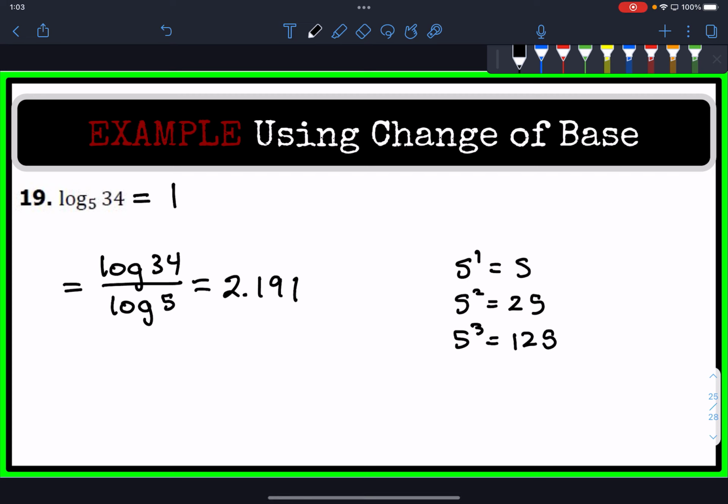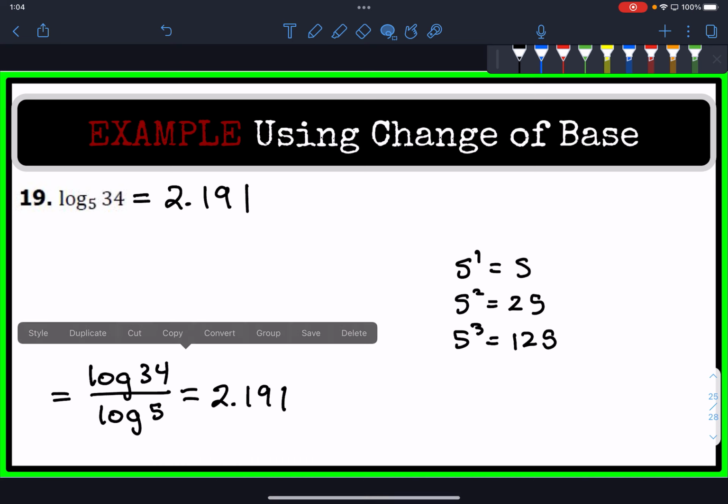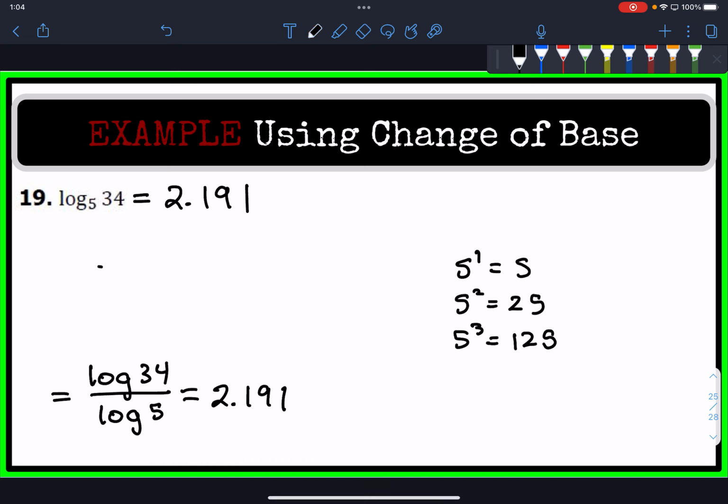So this is the value of the log base 5 of 34: 2.191. That's how we use the change of base to evaluate these logarithms where converting into exponent form does not work. So like right here again, we're trying to figure this out.